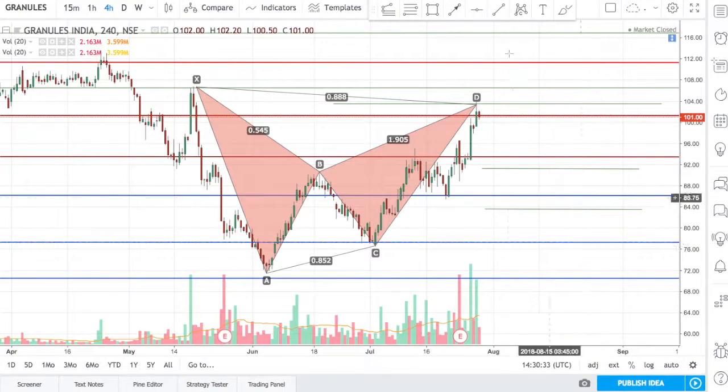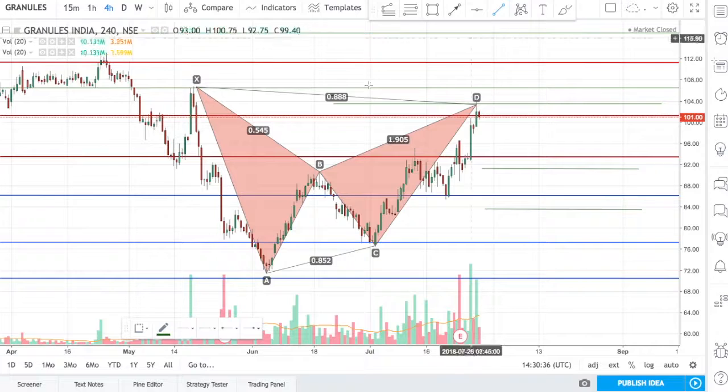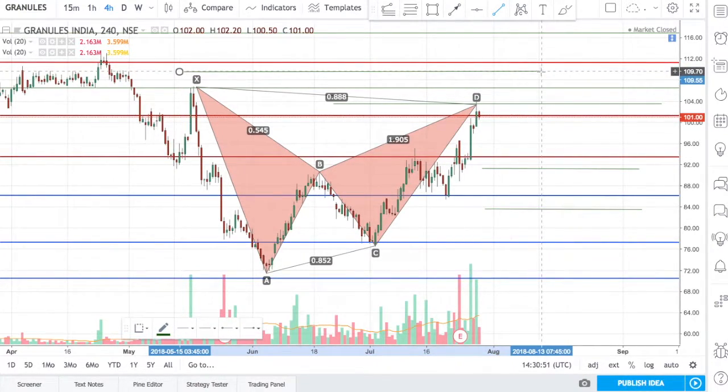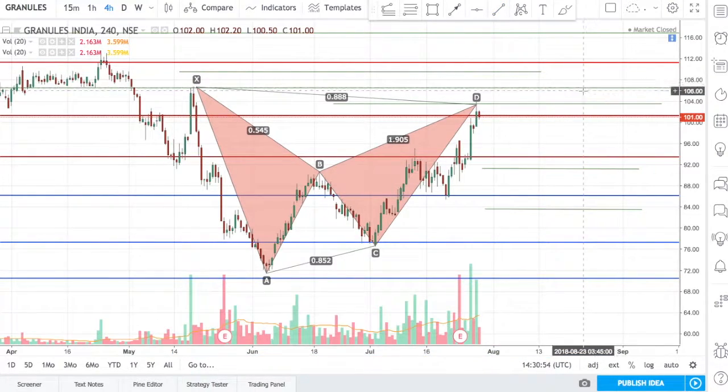And our stop loss has to be somewhere, let's say here. It's subjective. Somewhere in between these 2 points has to be our stop loss. So that is the analysis on Granules. Let's see how the trade plays out in the next few trading sessions.